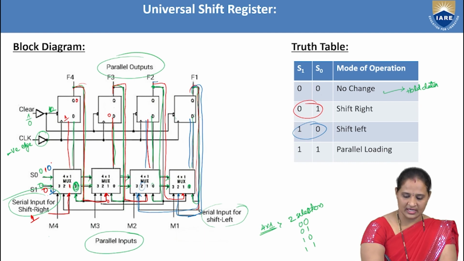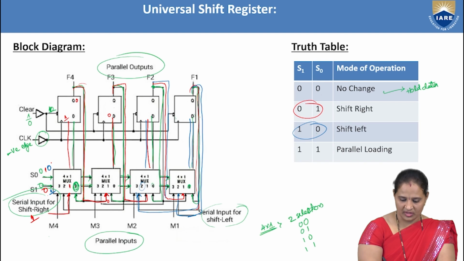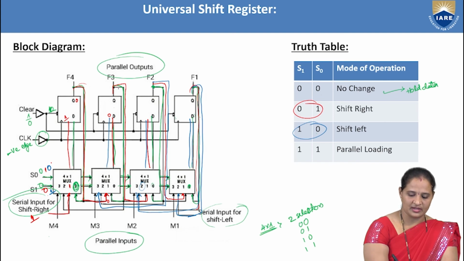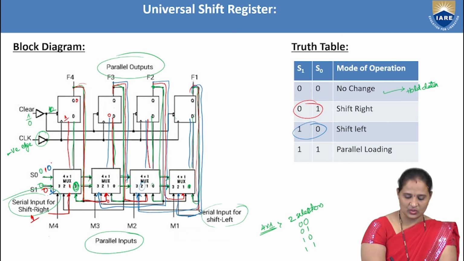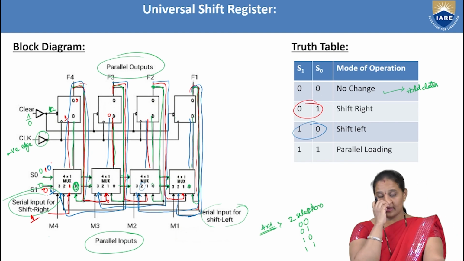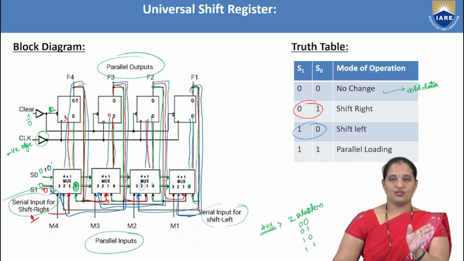Whatever data was stored in this one will be taken and applied to the second input. Now again this is applied here, and whatever data is stored in the flip-flop will be connected as the second input to the mux, and this will be taken. So what is happening here?